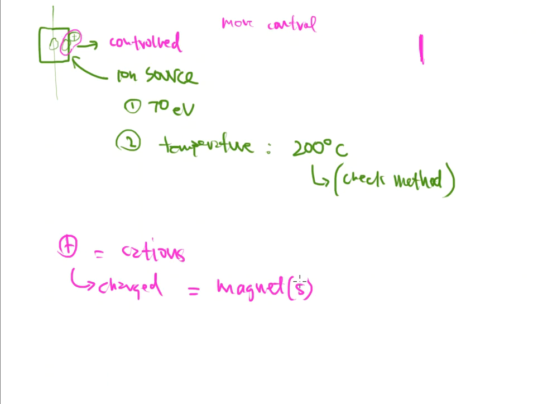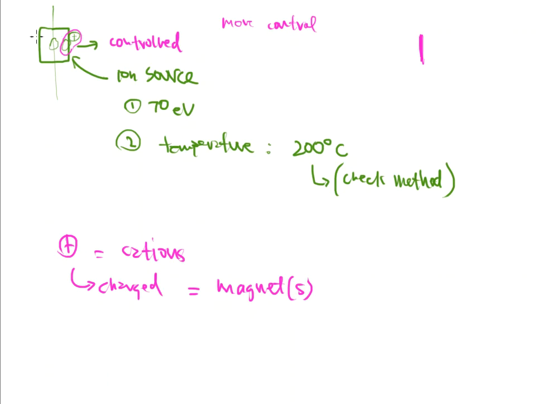So if we can embed magnets into this whole ionization chamber, then we can increase the number of positively charged species going into the system, and control the electrons and negative pieces going out of the system.